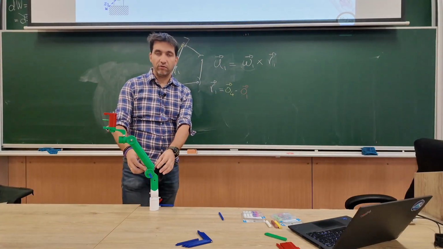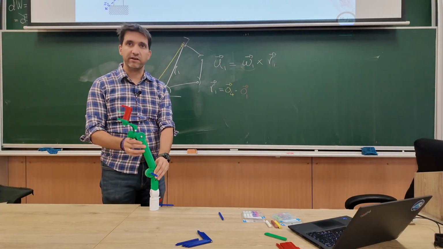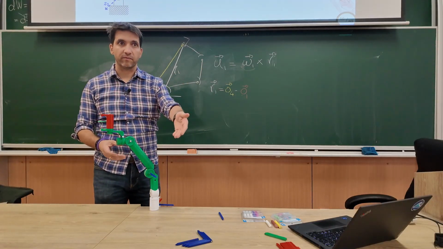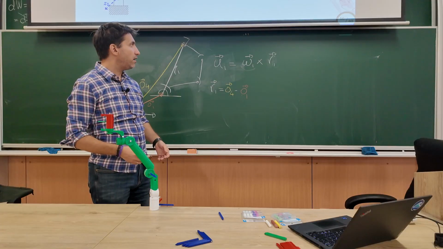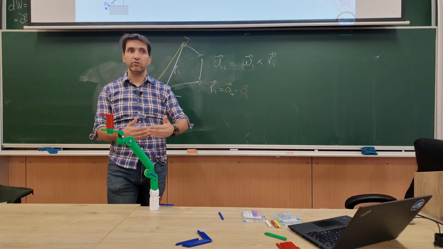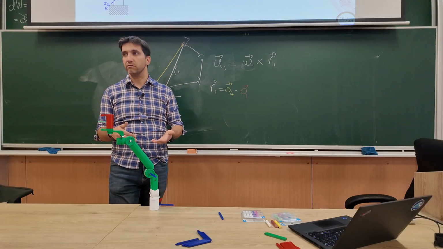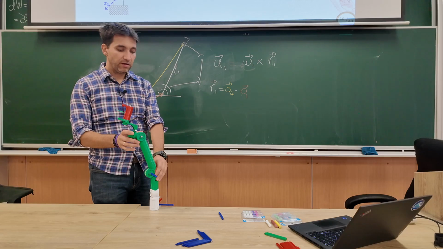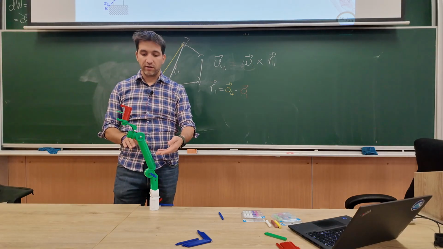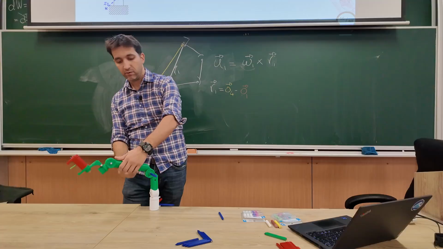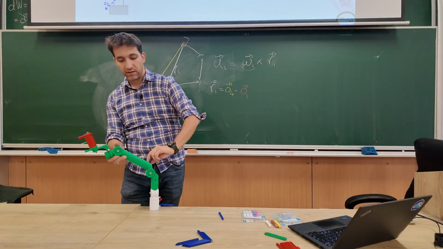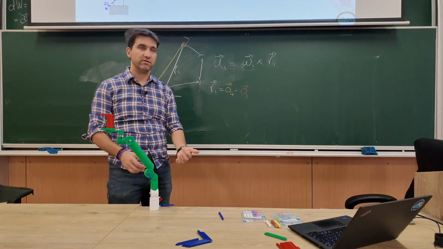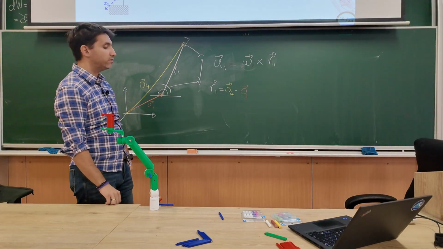So if we have a revolute joint that rotates around a certain axis, then omega i will be on that axis, right? That gives me the direction, and the magnitude will be basically how fast the joint rotates, like, I don't know, degrees per second. All right? So again, this follows the right-hand rule. So if the robot rotates like this, it will point towards you. If it rotates like this, then it will point towards the other side. If it doesn't move, then it's going to be a zero length vector.